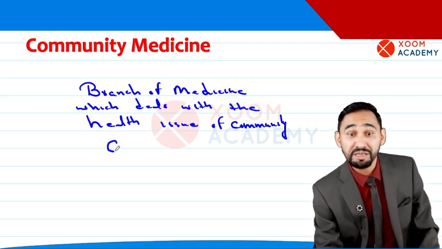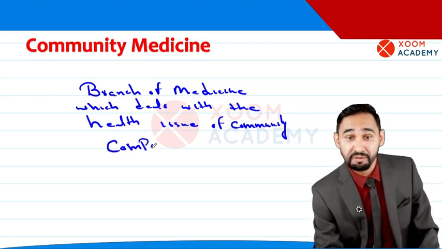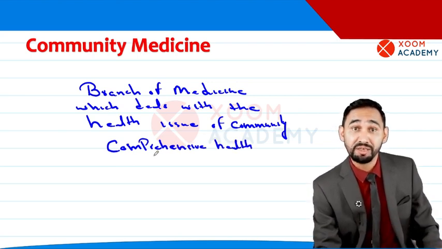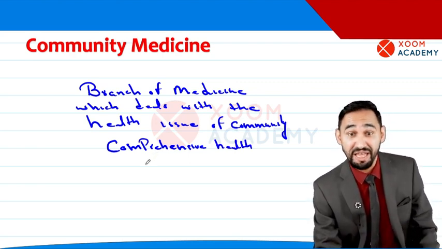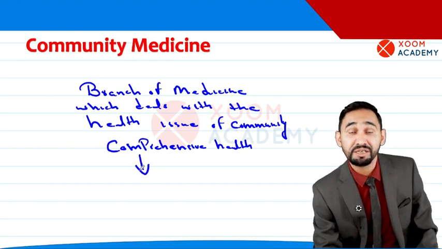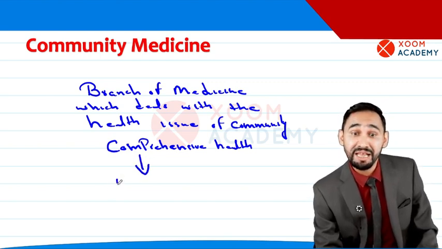We'll develop a comprehensive health system. What is meant by comprehensive health system? System which covers all the aspects, not only medical, it covers psychological and social aspects as well. This comprehensive healthcare is provided by a healthcare team.